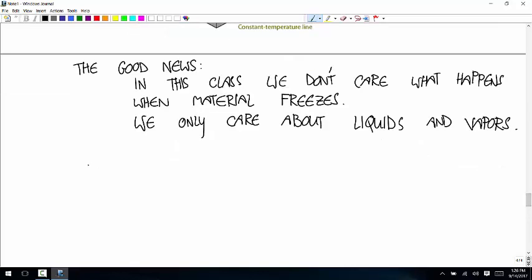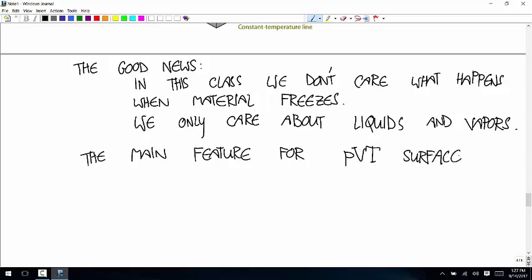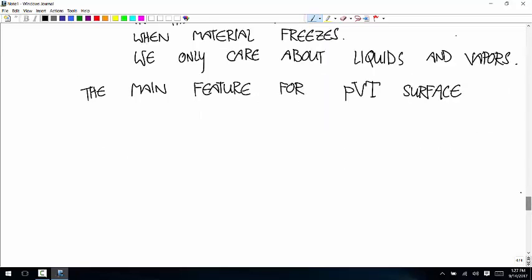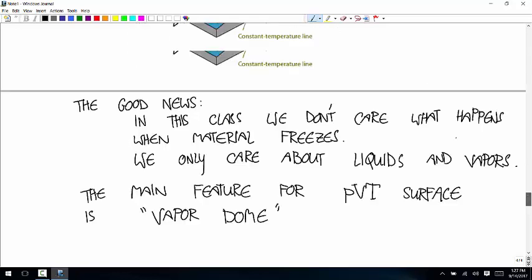The sort of trickiest feature for us that comes from that PVT surface is called the vapor dome. Both of these have it.